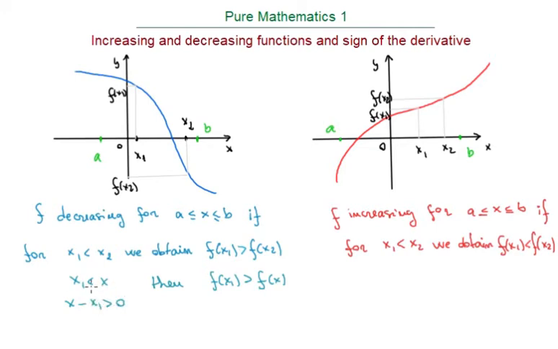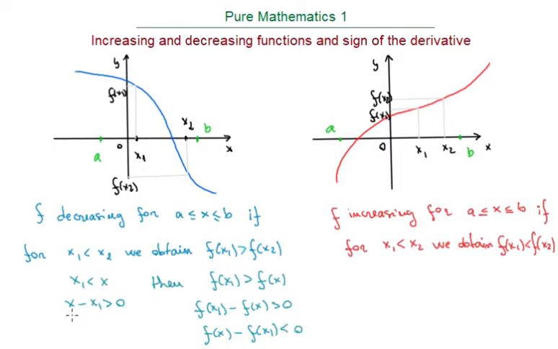So if we subtract x1 from x, we get a positive value. f of x1 is greater than f of x, which would mean that f of x1 minus f of x is also greater than 0. And the opposite of this, f of x minus f of x1, will therefore be less than 0.